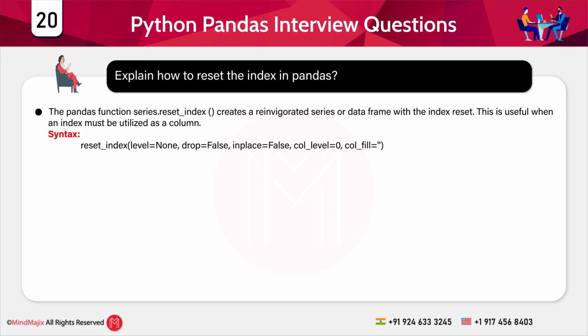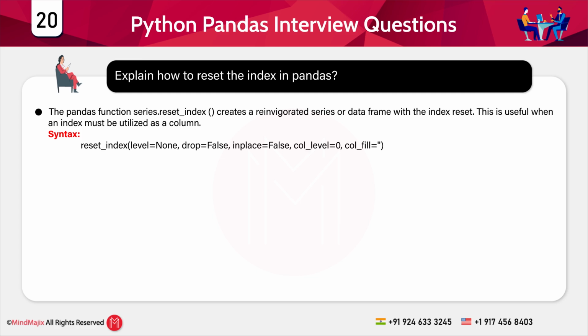Now you have inplace, false by default, which is a Boolean value and is used for modifying the existing data frame. Then you have col_level, which is 0 by default for integer and string. This determines the level the labels are inserted into if the columns have several levels.